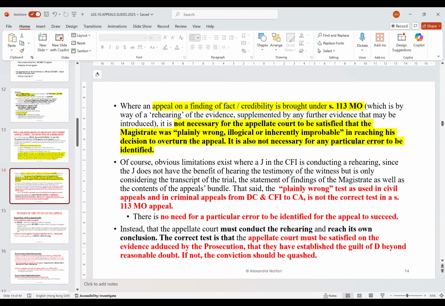If they're satisfied on the prosecution's evidence that the defendant's guilt has been proved beyond reasonable doubt, then the conviction stands. Otherwise, it should be quashed. So I would read that case because I think it's a recent important decision on the powers of the court on a magistracy appeal.